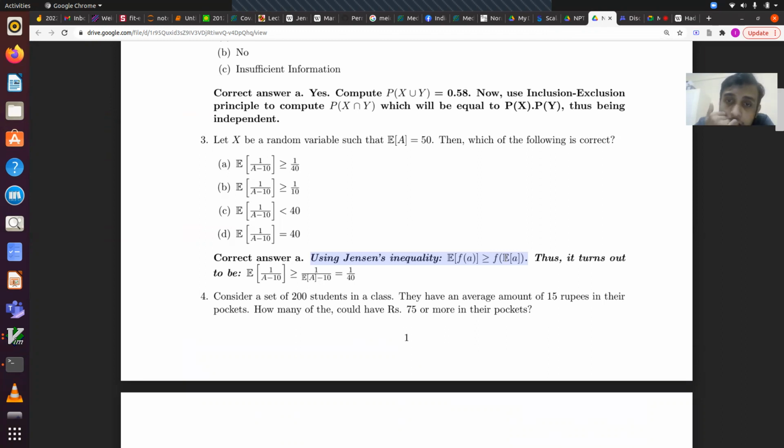I did not understand actually. See, steps are given. So if you assume Jensen's inequality, then it is clear or no? Suppose you think Jensen's inequality, then can you answer the question? If I understand Jensen's, then I can understand.